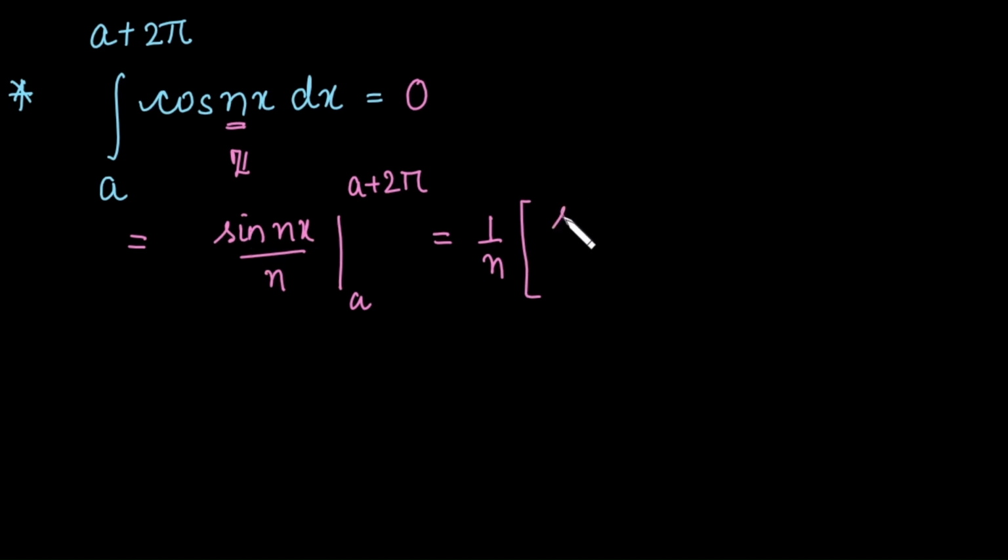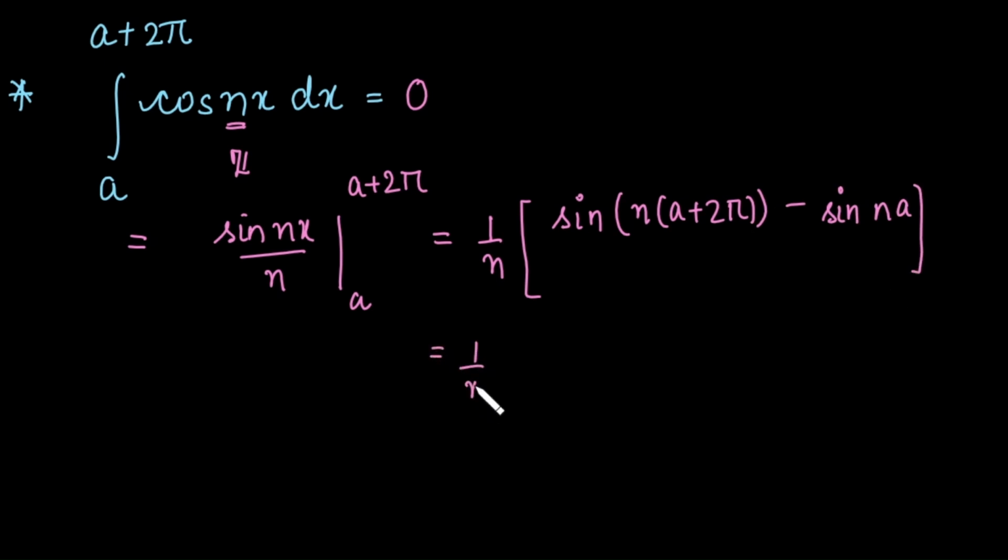When you substitute the upper limit, we have sin n into a plus 2 pi minus sin of n into a. This is equal to 1 upon n sin. The simplified form of this one is 2n pi plus na minus sin na.